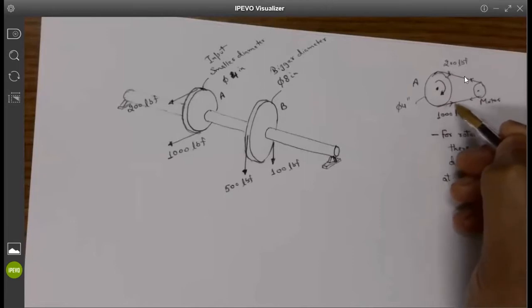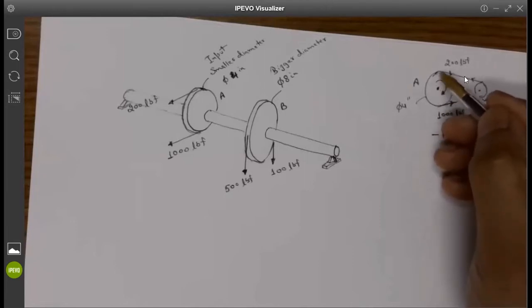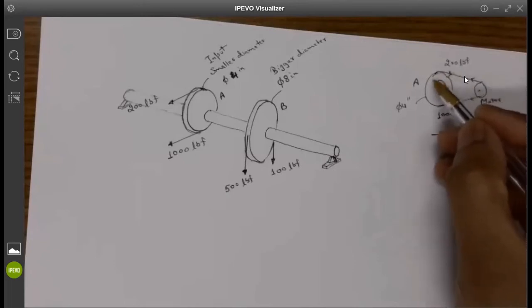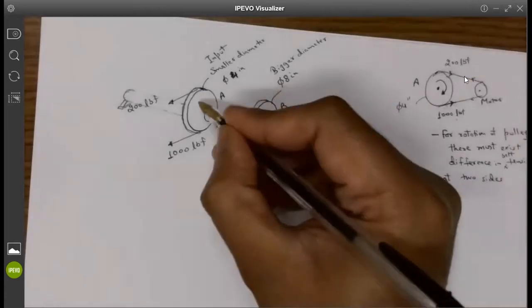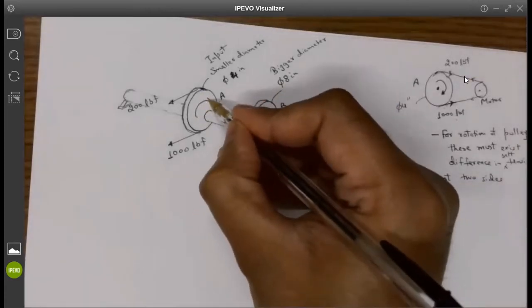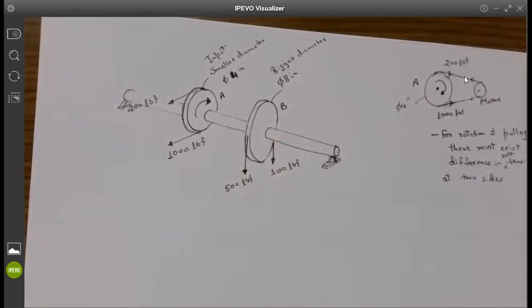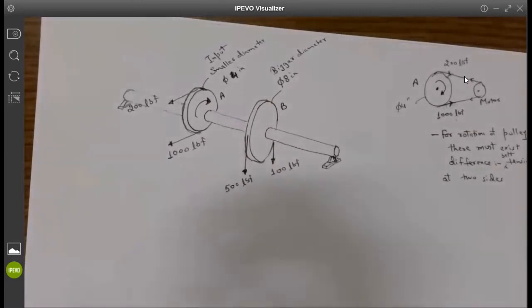That is going to be the tighter side. And here the belt is leaving the surface of the pulley, so you don't have as much tension here. So the pulley is rotating in the clockwise direction. Does it make sense? Is everybody getting what I'm trying to say here? Yes. Yeah. Any questions, guys?